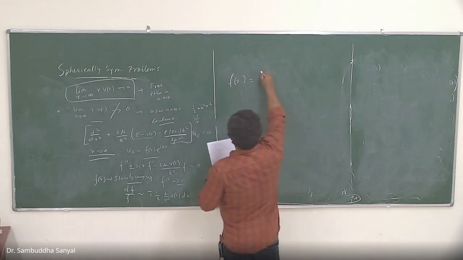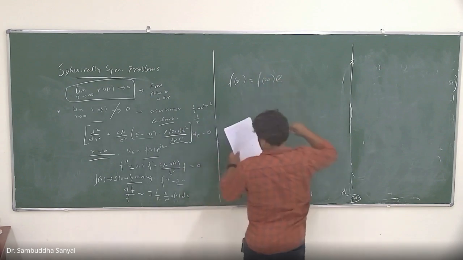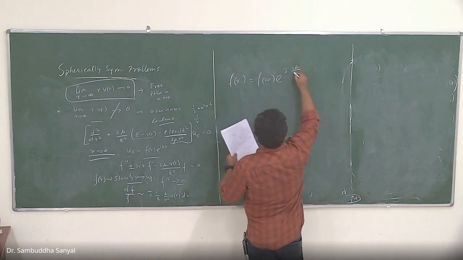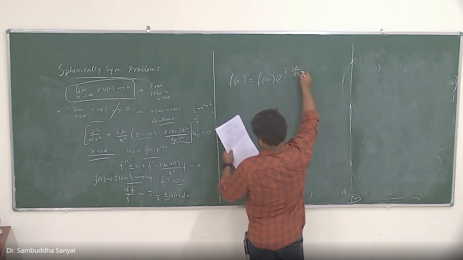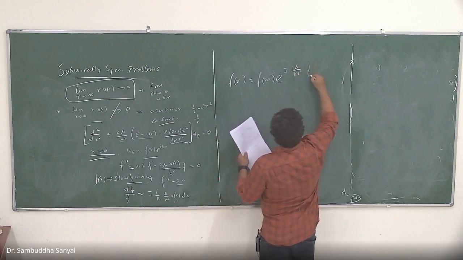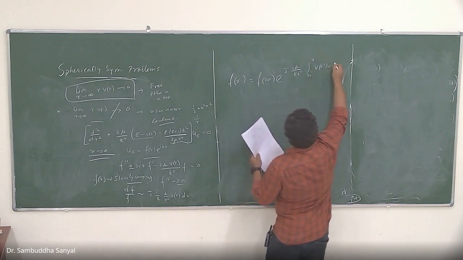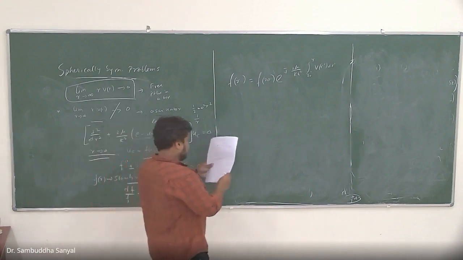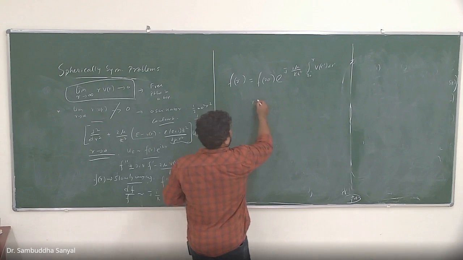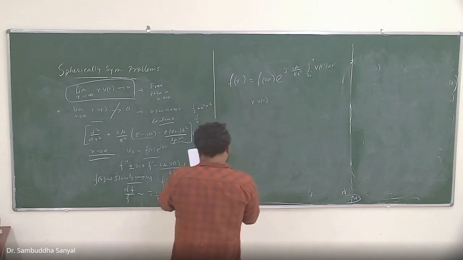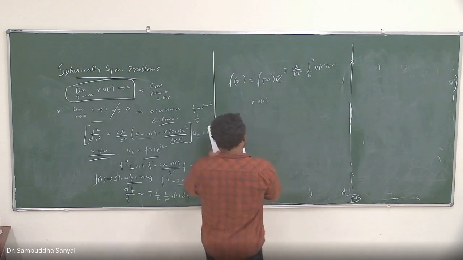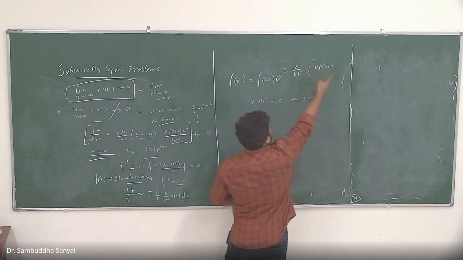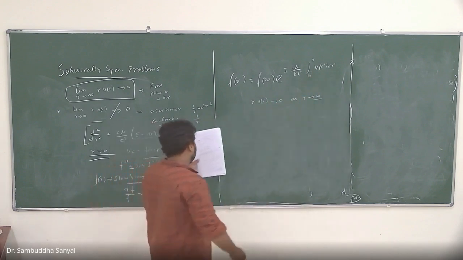Its solution is f(r0) e to the power minus plus i mu by k h-cut square integral from r0 to r of v(r') dr'. Okay, this is the form of the solution, and as we can see here, if my r v(r) goes to 0 as r goes to infinity, if it is a slowly varying function, you can effectively call this integral, it will give you r v(r).